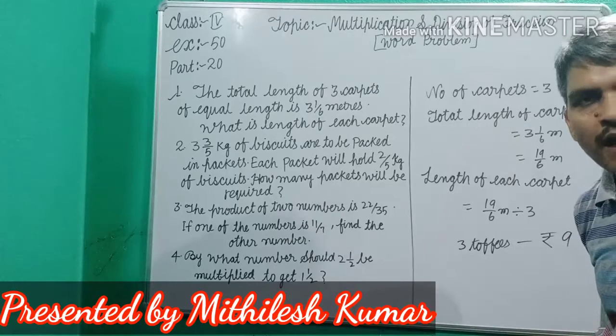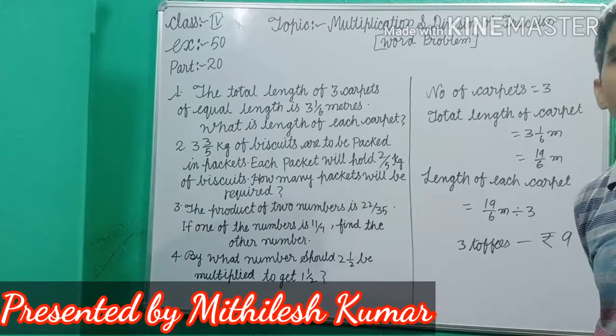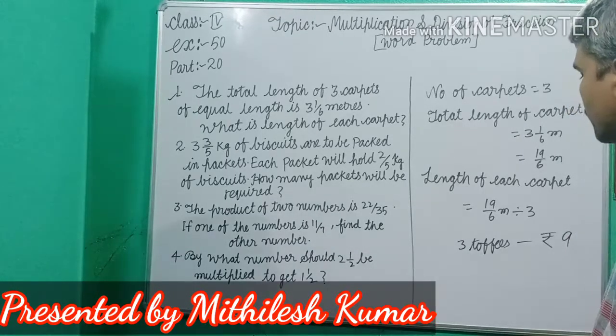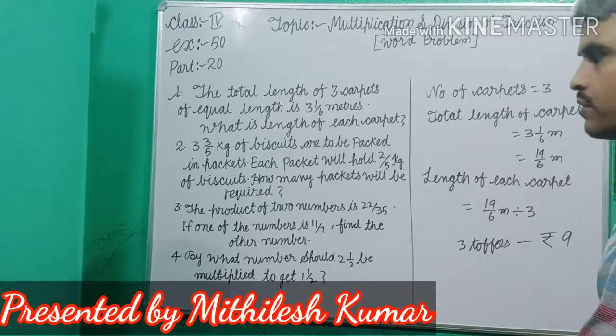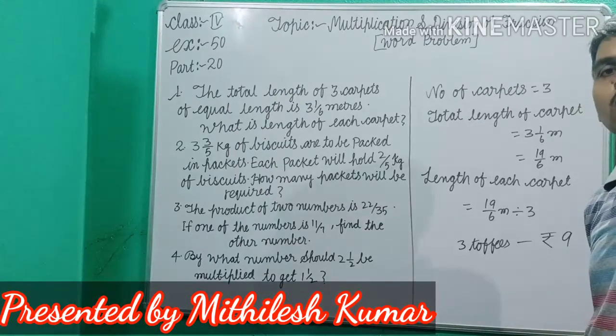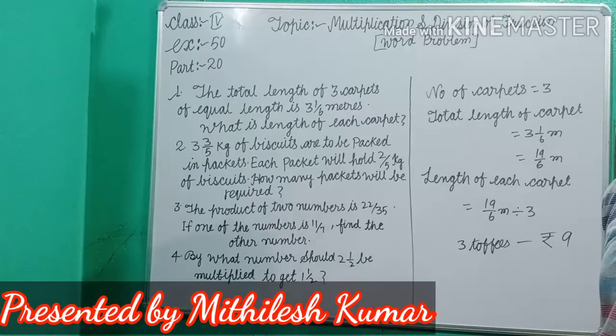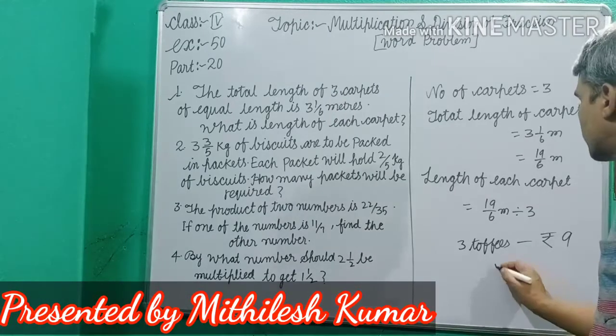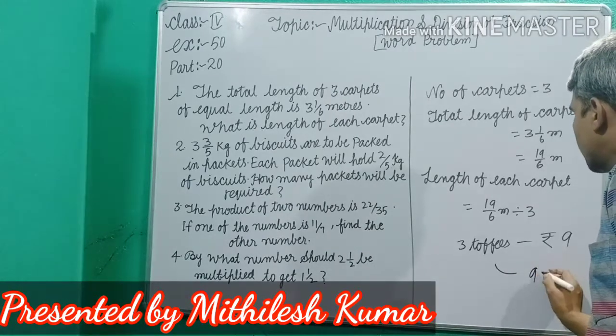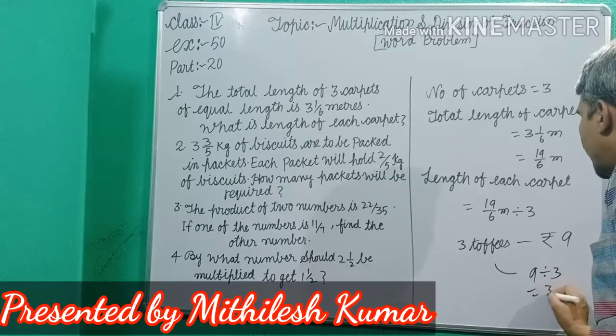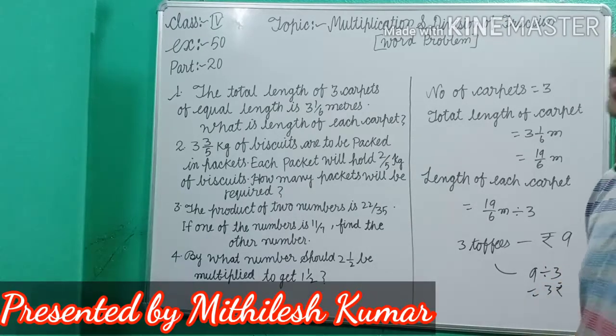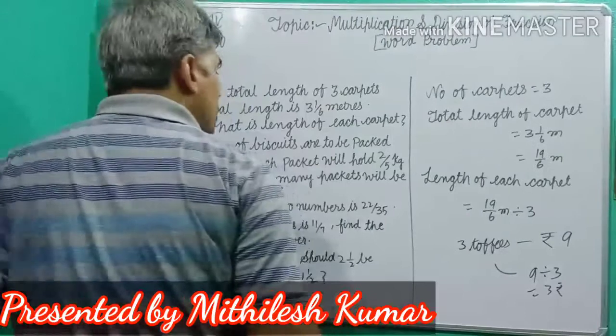What is the price of one toffee? If you want to find out the price of one toffee, the price of one object, you divide. 9 divided by 3, that means 3 rupees. Cost of each toffee is 3 rupees.